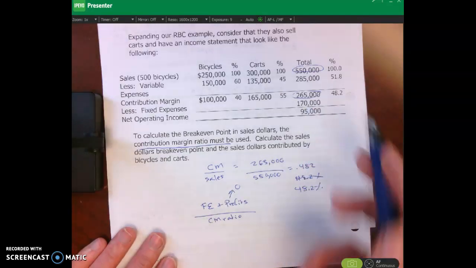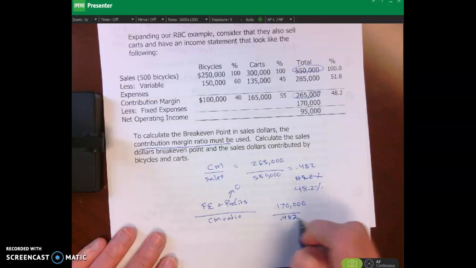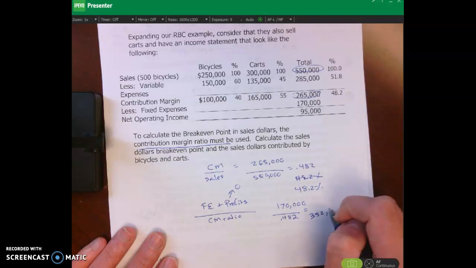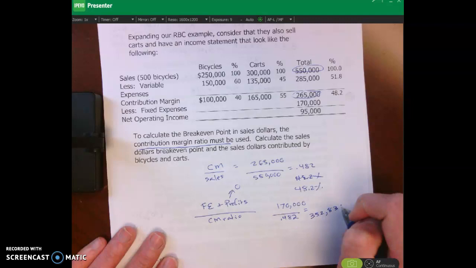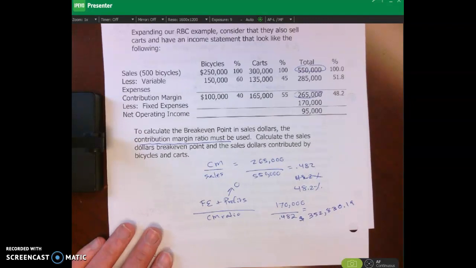My fixed expenses, 170, divided by 0.482 gives me $352,830. That's my break even in terms of sales dollars.